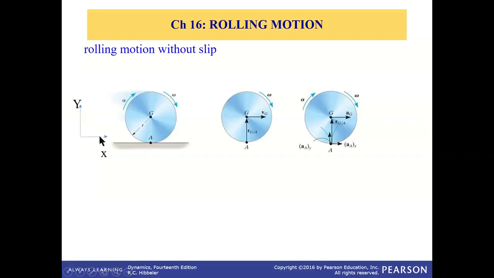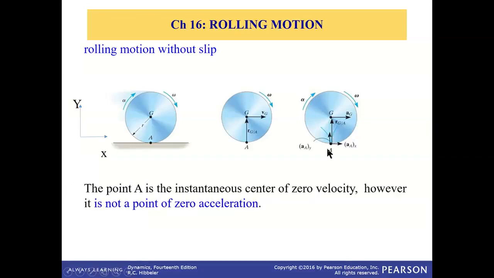And we consider the xy coordinate system here where x is horizontal, y is vertical. So at any given point, the velocity of the center of mass Vg depends on omega and r. So Vg is r omega, and the acceleration of the center of mass depends on alpha and r. Okay, so let's see those equations.